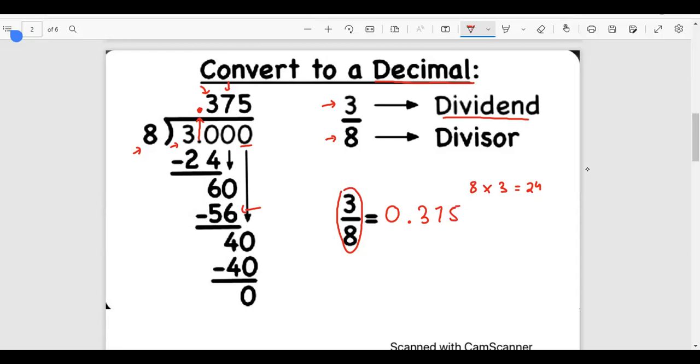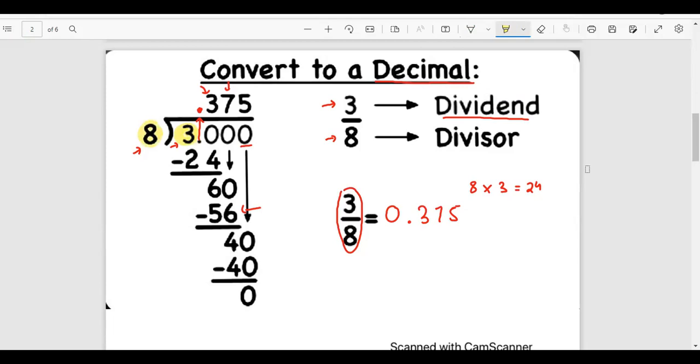In this chapter, we will be converting fractions to decimals, decimals to fractions, and then fractions to percentages, right? So the very first discussion is about converting a fraction into a decimal number. The numerator will go inside in the dividend place, that is this one. The denominator would come here.